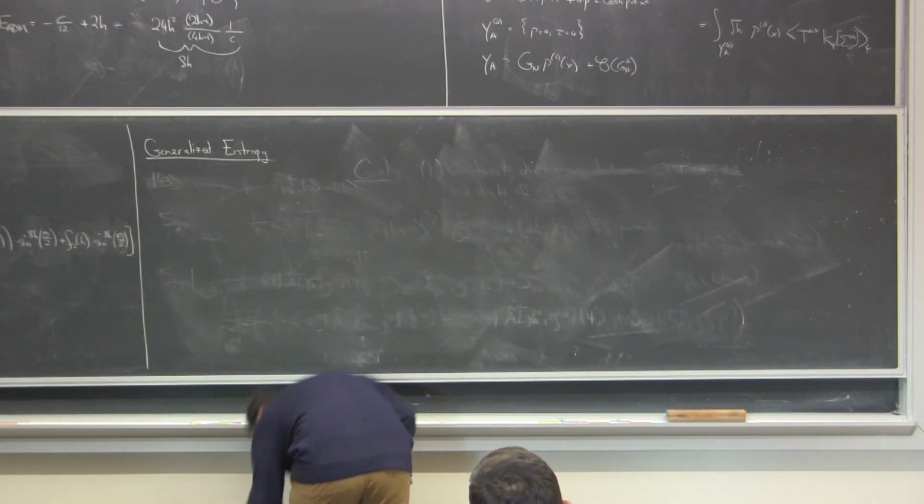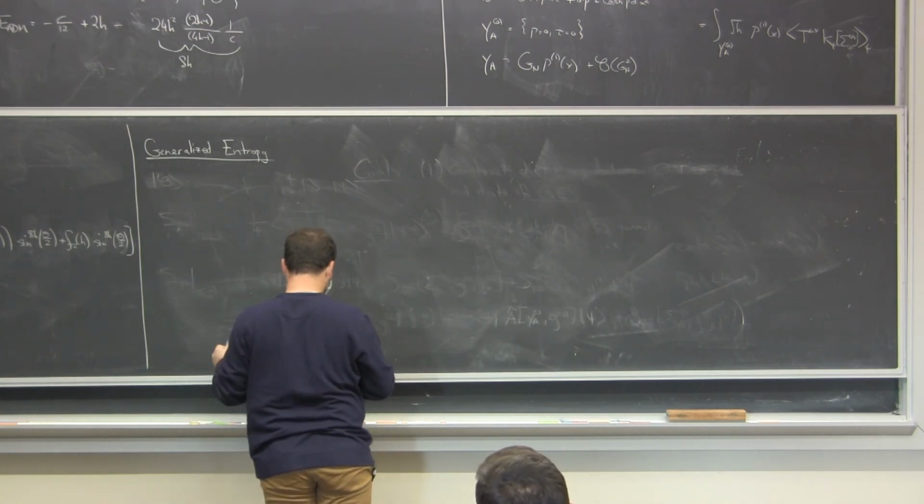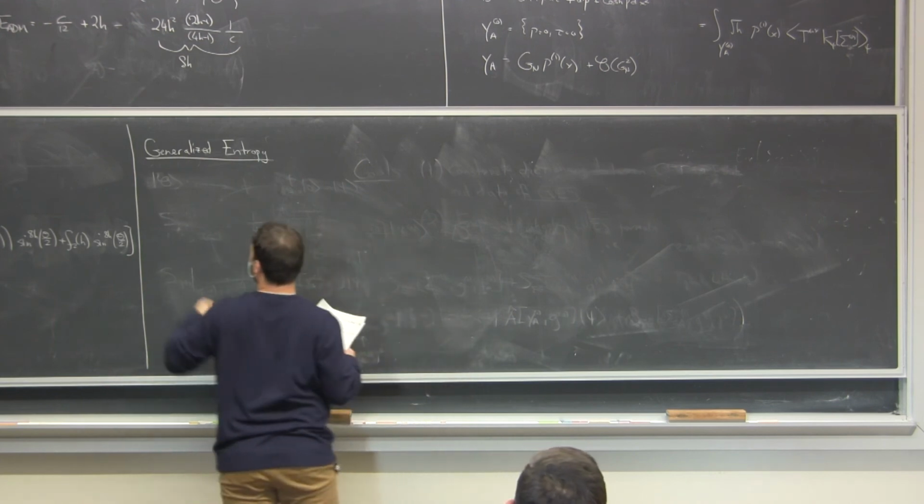What happens is the quantum extremal surface formula takes this form.